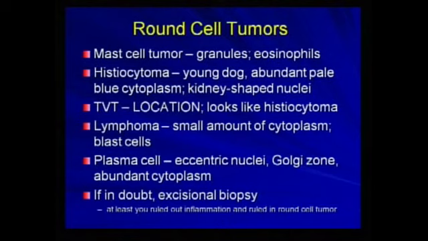And plasmacytomas, at least the ones in the skin, the oral cavity, or the GI tract, generally have eccentric nuclei with a prominent Golgi zone. A lot of times you can't tell the difference, so you end up making a diagnosis of round cell tumor, and when you have to make a diagnosis like that, there's no shame in it. A diagnosis of round cell tumor at least provides a therapeutic plan for the clinician when you ask for that excisional biopsy.